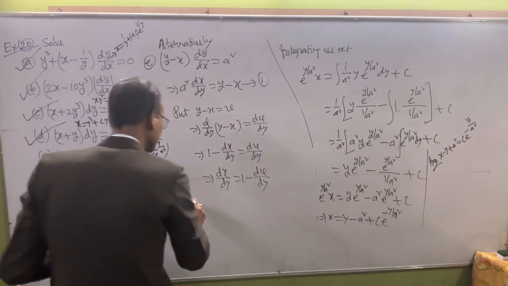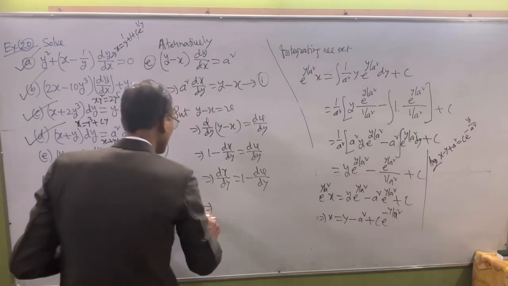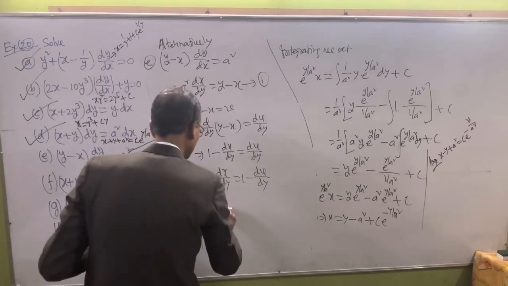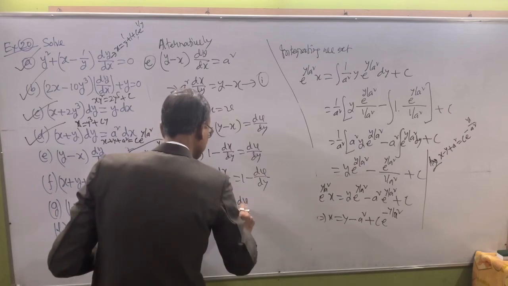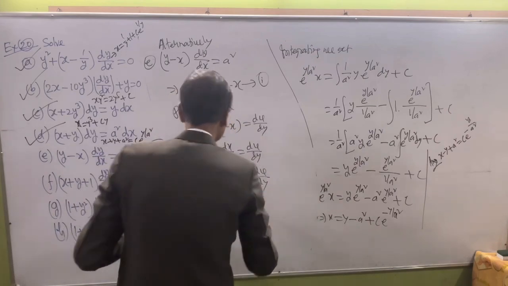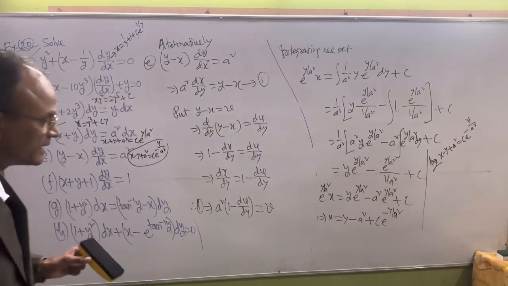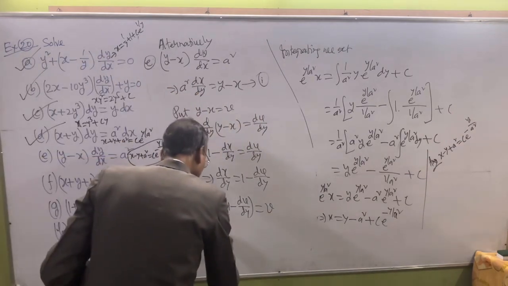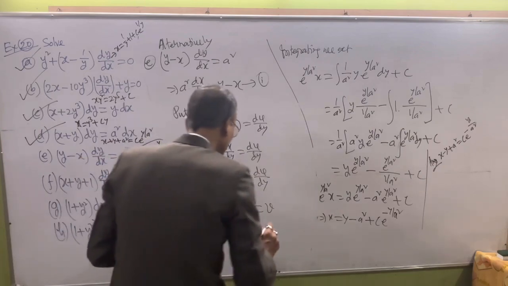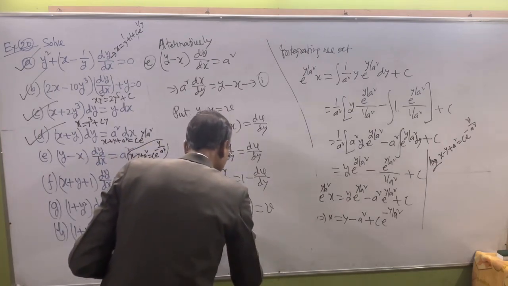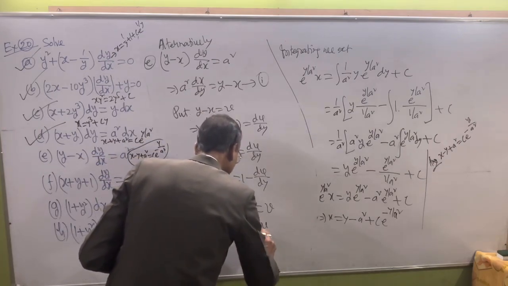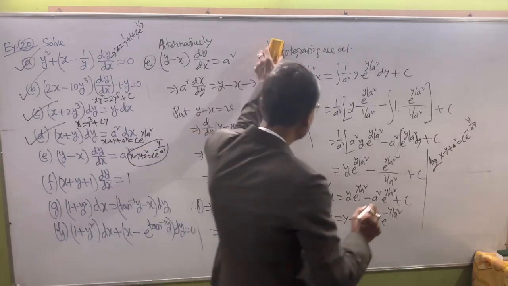Therefore, a square into 1 minus dv by dy equal to y minus x, which means v. This means 1 minus dv by dy is equal to v by a square.